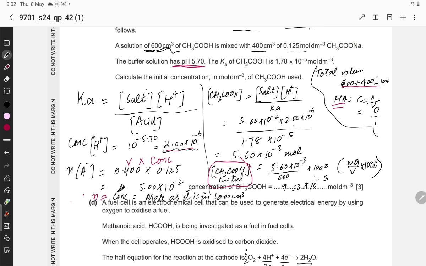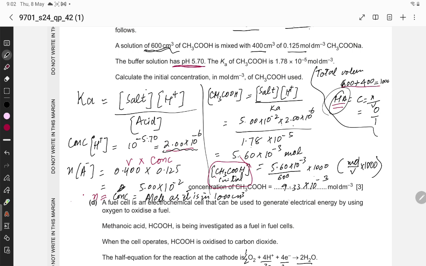We know that the total volume of the acid solution is 600 plus 400 centimeter cube, which is equal to 1000. So concentration is equal to mole over volume, and the concentration of HA is the mole divided by 1.